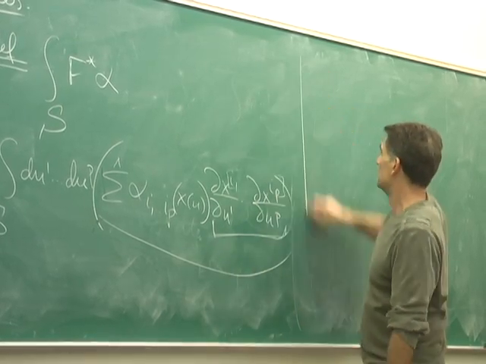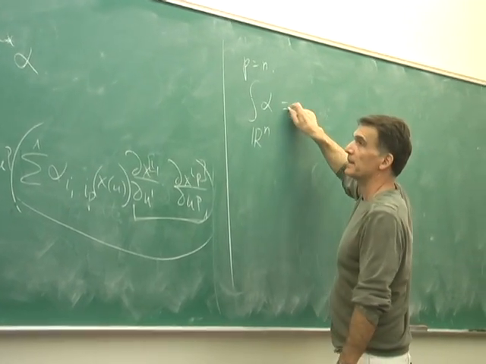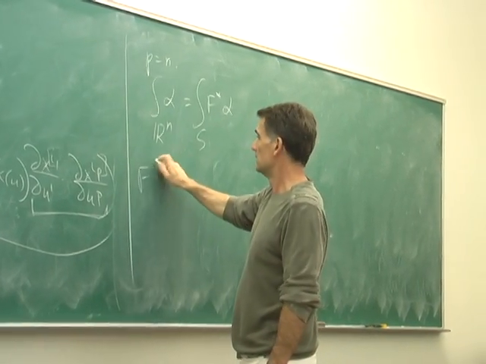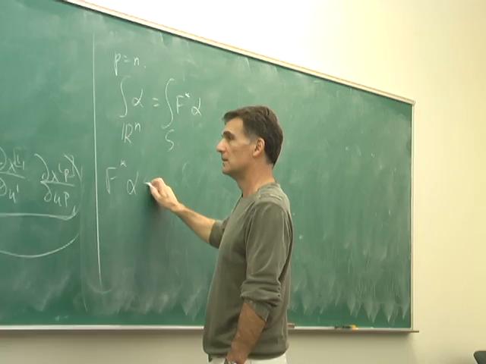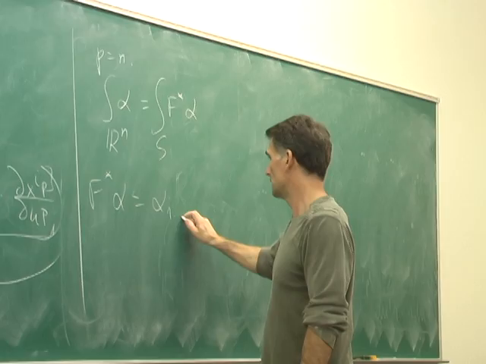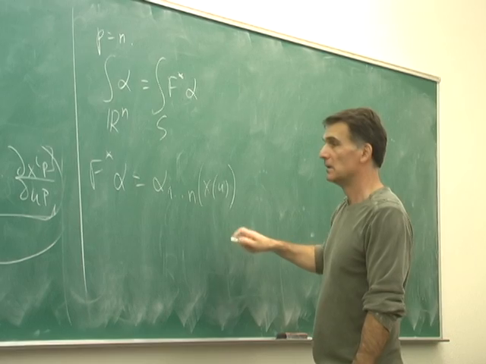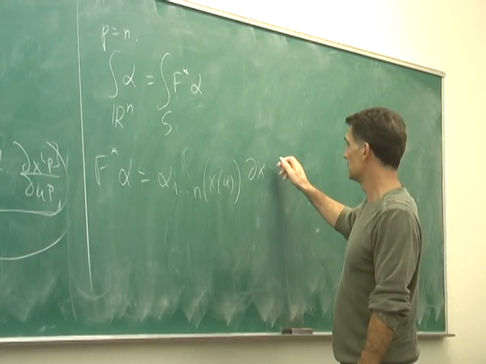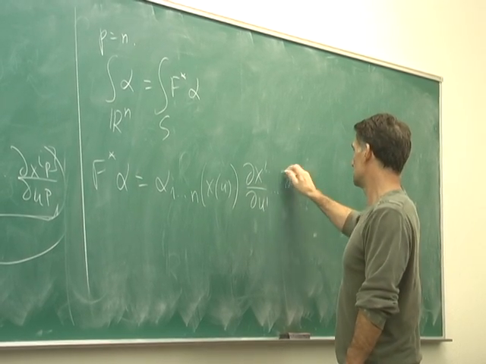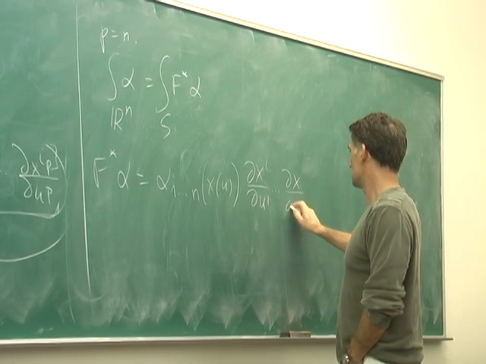So if p is equal to n, then that sum has just one component, and that depends on x and u. And then you have dx1 by du1 and so on. Well, it's just a change of variables, and you should get a determinant of that.